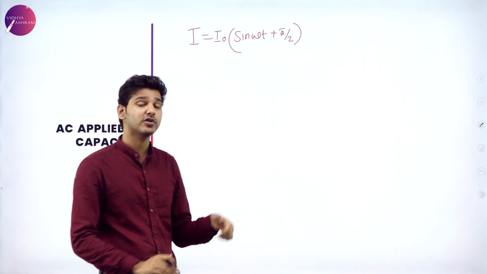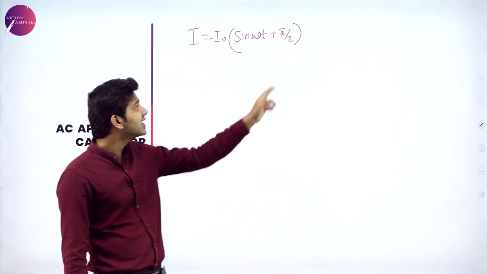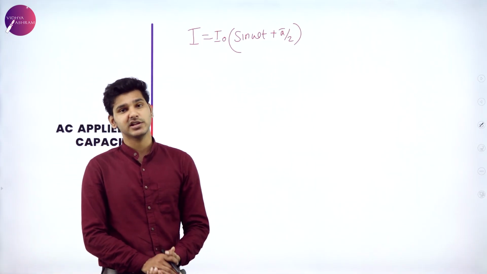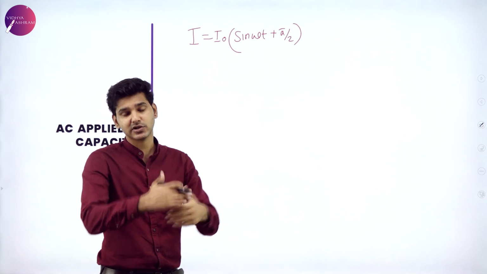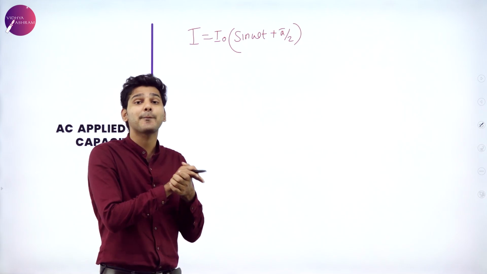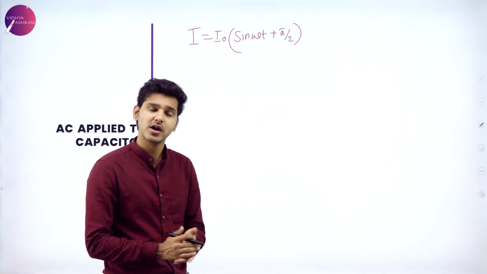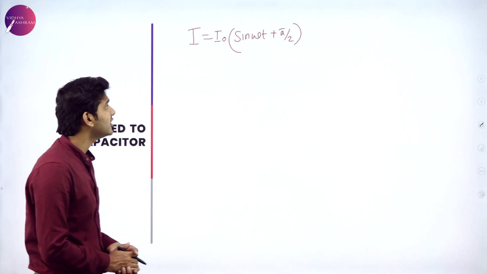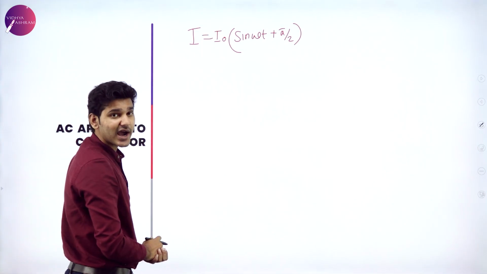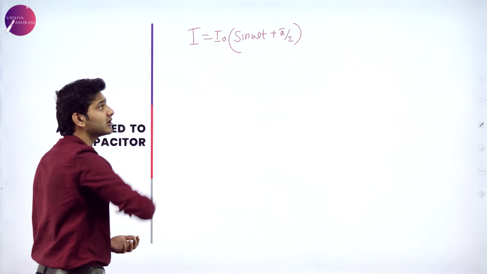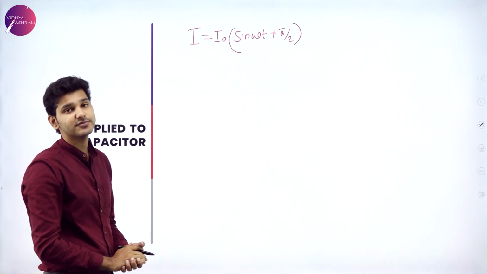But for a capacitive circuit, we know that current is leading by 90 degrees. So we have to find an expression for capacitive reactance, or simply the resistance offered in a capacitive circuit. We know that this particular I naught is the equation for a purely capacitive circuit in terms of current.